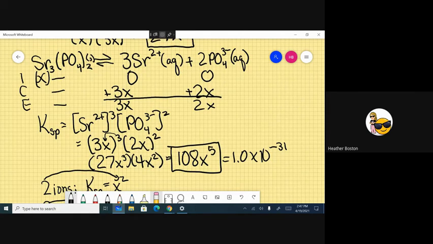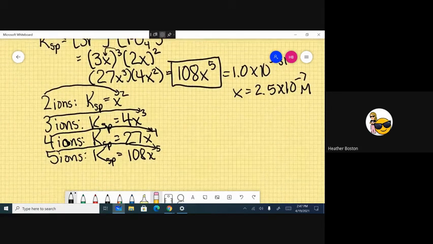We're going to solve for X by first dividing by 108 and then raising it to the 1/5 power, or taking the fifth root of it, whatever works in your calculator. And I get 2.5 times 10 to the minus 7. That's what you're going to solve for when they ask you for the solubility.